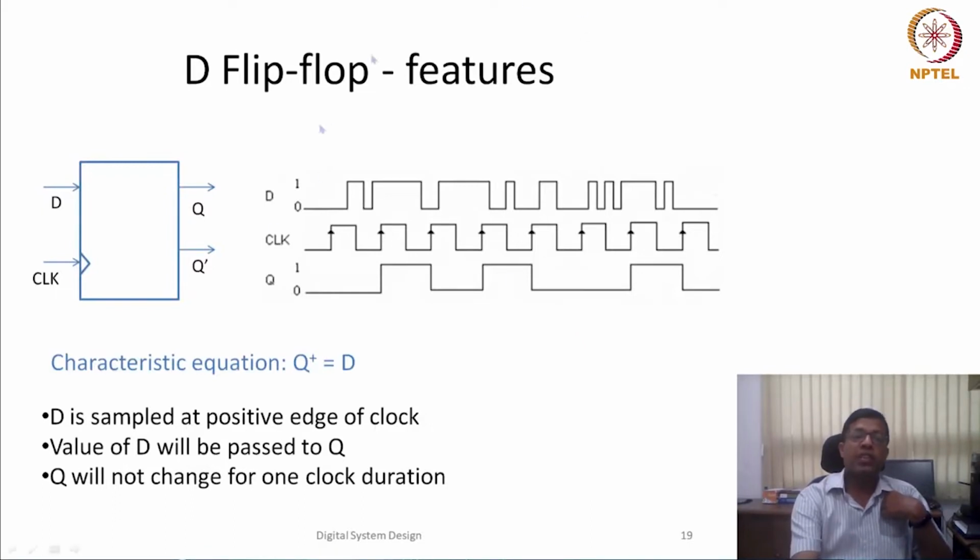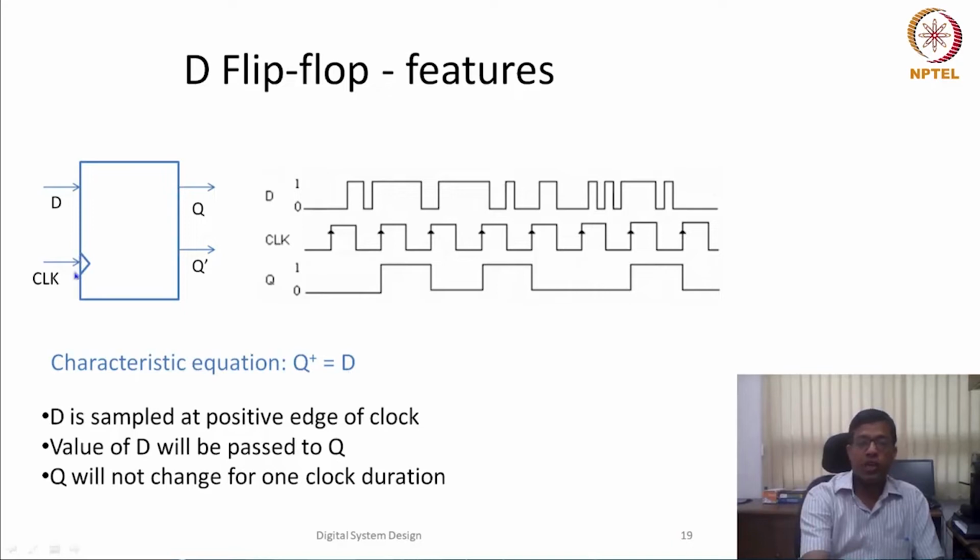Now, a delay flip flop is represented by a characteristic equation that the next state is equal to D. Now, you see there is no control signal. So, at what time would Q plus or next state be equal to D? When there is a positive edge.